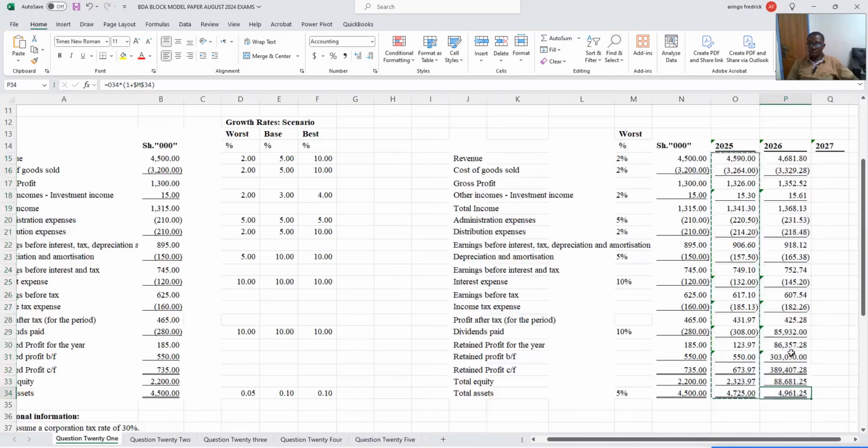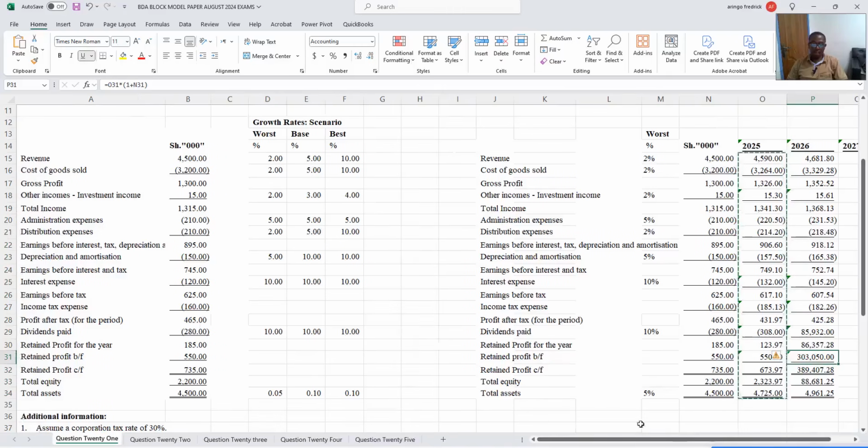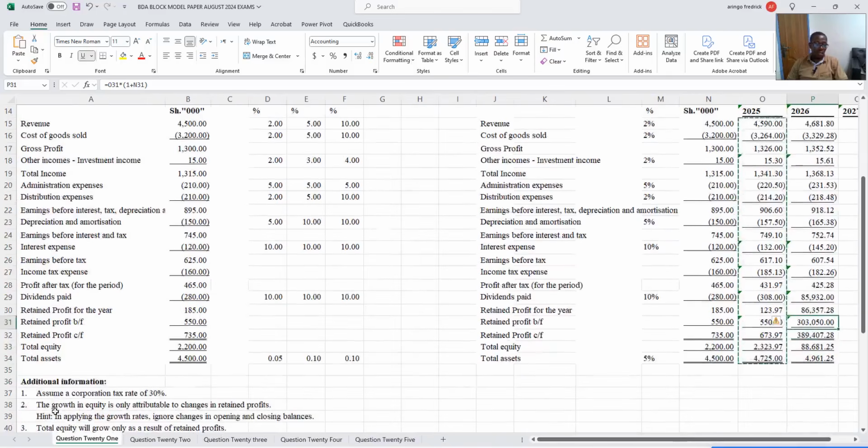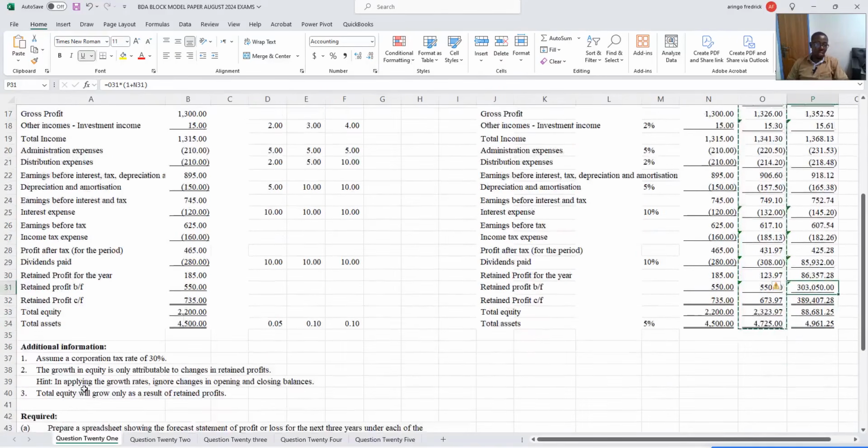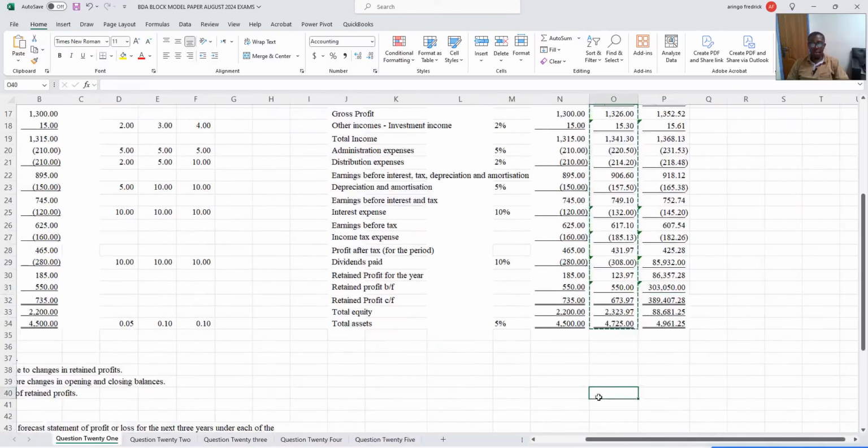See? In this case, we are told to ignore, but as per note 2, the growth in equity is only attributable to changes in retained profits. In applying the growth rates, ignore changes in opening and closing balance. That is only in applying the growth rates.